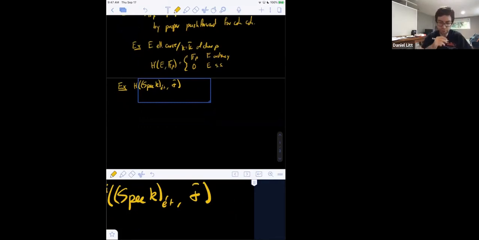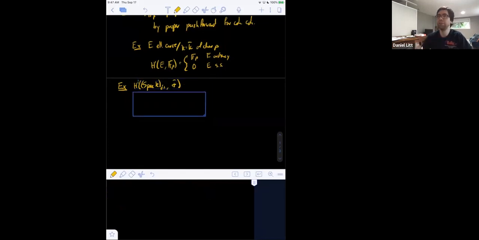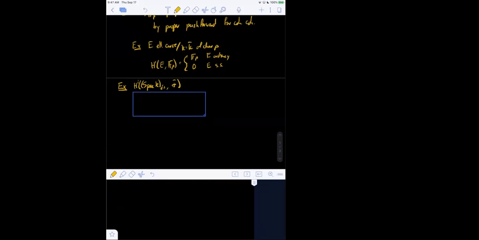So can anyone remind me how we already tried to understand this? We actually already worked out what this is. So can anyone remind me how do you characterize sheaves on the Etale site of a field? By using Galois descent. Yeah, exactly right.